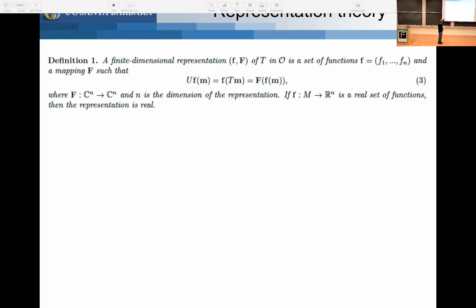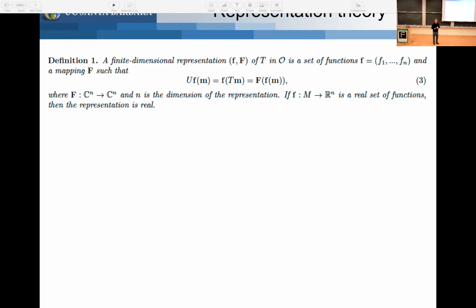So here is what a representation is. A finite dimensional representation happens if I find a set of functions little bold f such that there is a map, capital bold F, that has the property that when I apply it to little bold f, I get exactly the same action as the Koopman operator acting on f.